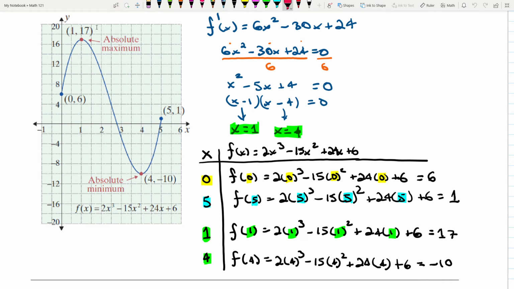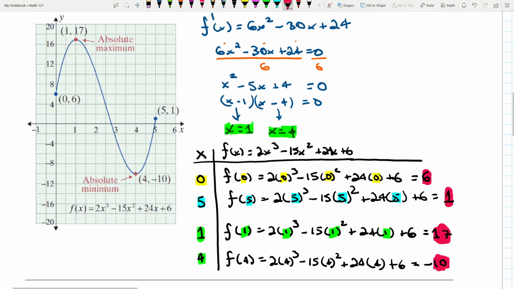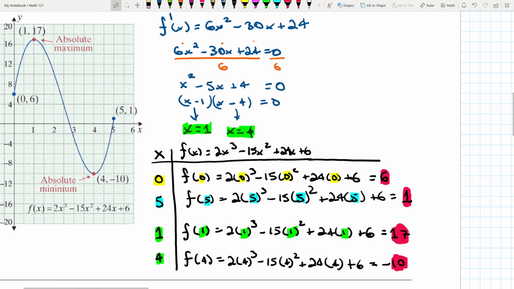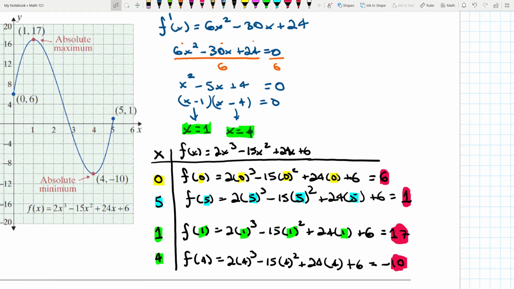Next is to look at the values that we obtained here. We need to look at the smallest of the values and name that our absolute minimum.